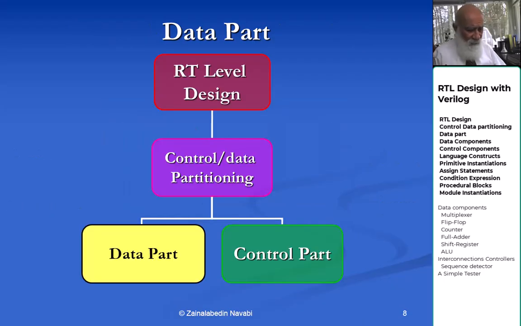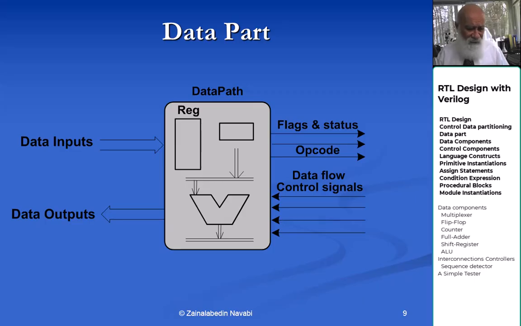Okay, so my data path includes these components, and main buses for bringing data and taking data out come to the data path only and not to the controller. When we are designing this part, we say, well, what do we need?